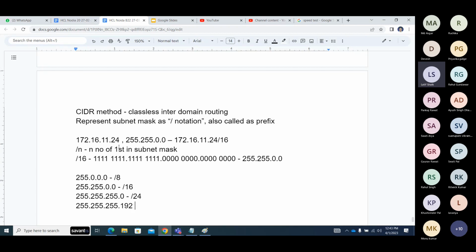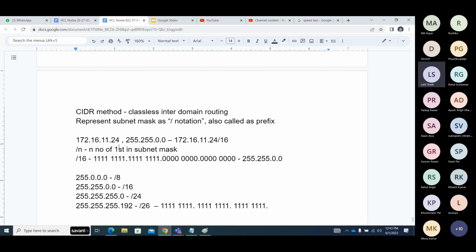255.255.255.192, what is it? It is /26. How? Convert the first 255 to 8 bits, the next 255 to 8 bits, so 16 completed. Next 255, another 8 bits, so 24 ones are completed.